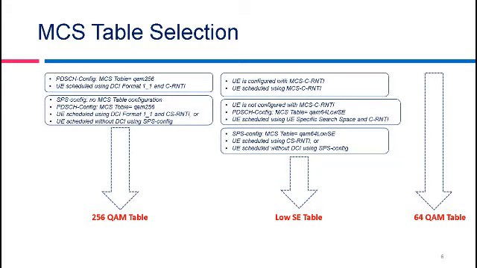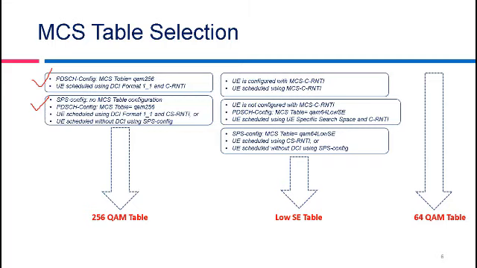Let's take the first 256 QAM table example. We have two cases for this MCS selection related to the 256 QAM table. The first case is dynamic scheduling, and the second case is semi-persistent scheduling.